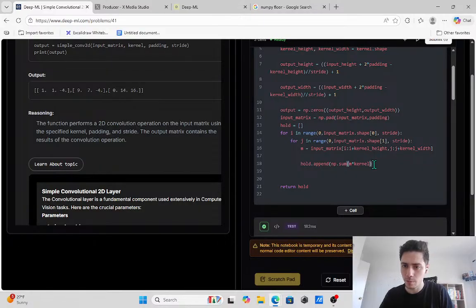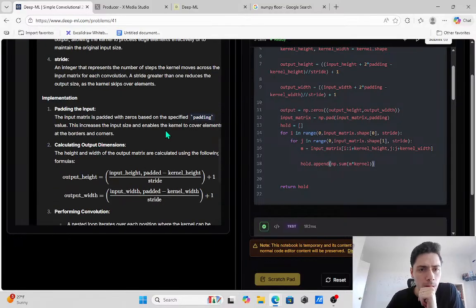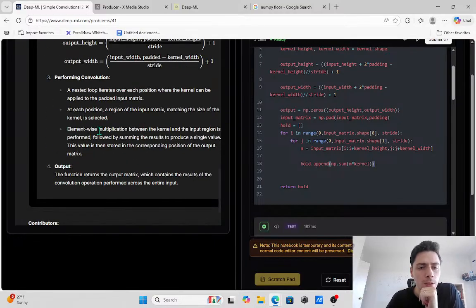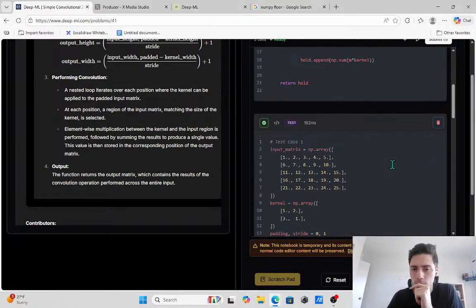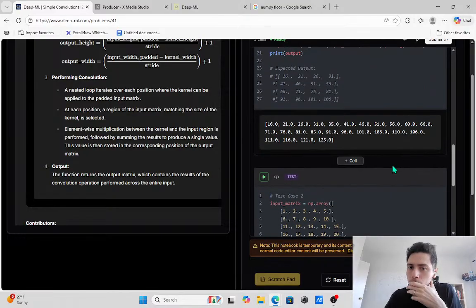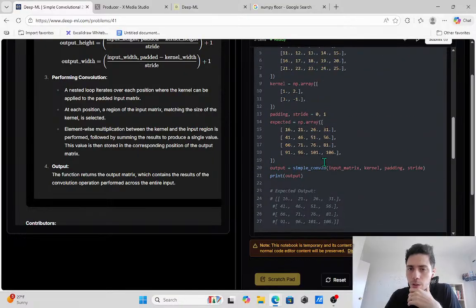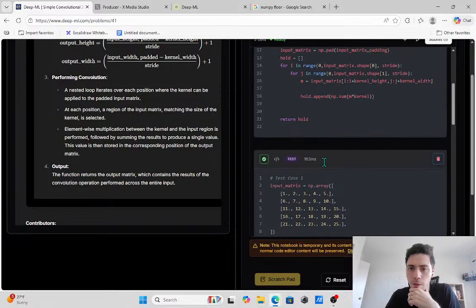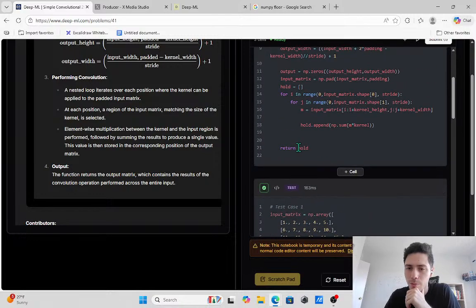It's the sum. Followed by summing the result to produce a single value. 16, 21, 26, 31. Oh, nice, we're doing it right. That probably was worse than it needed to be.